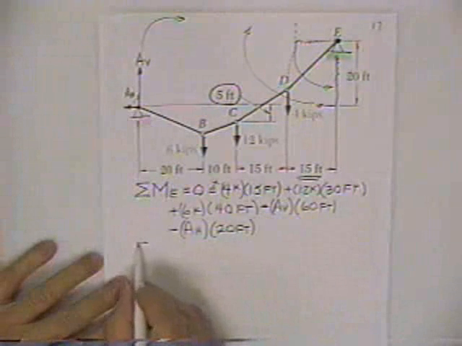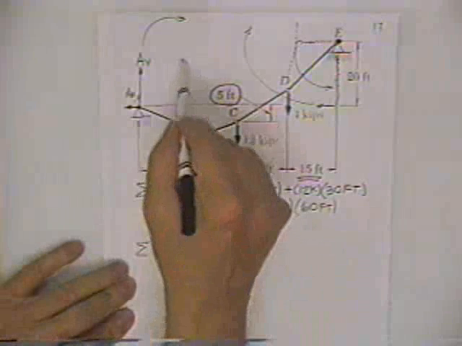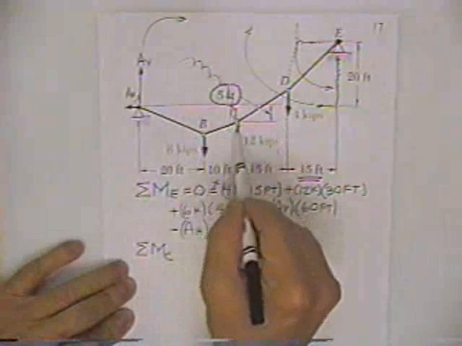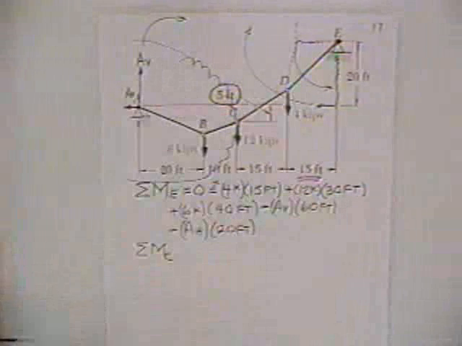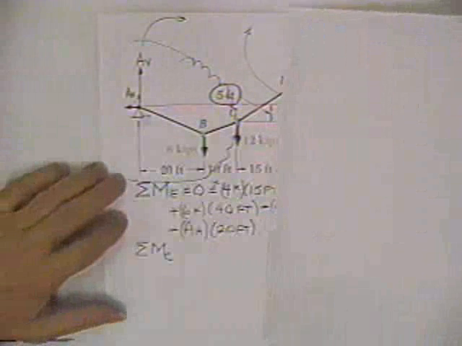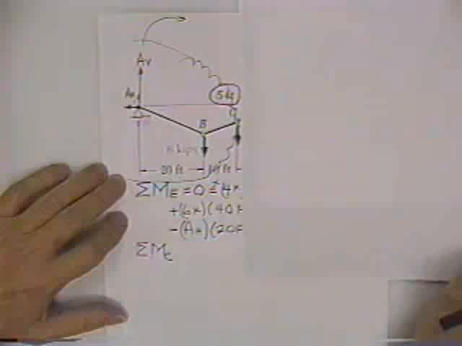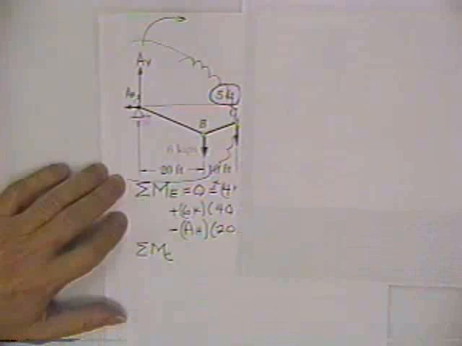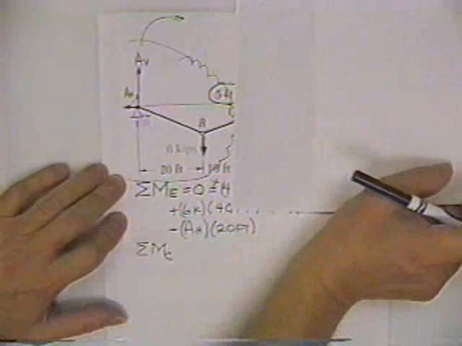So the second equation says sum moments about C. Now this is your free body now. Your free body now includes only this left-hand piece. So I could take a piece of paper and completely cover that up, because you don't even know that side exists. There's nothing over there that you can use in order to keep this free body in equilibrium.